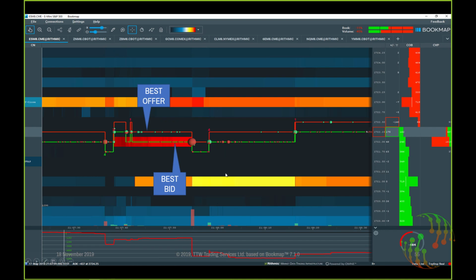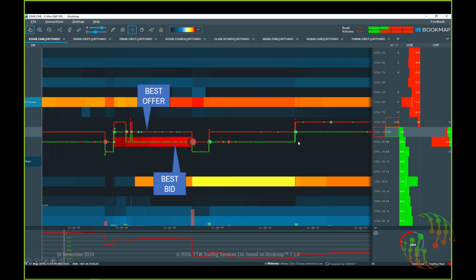So you see the best bid, best offer, and sometimes you see very regular dots. You see sometimes an algorithm is firing here to bring the price up.